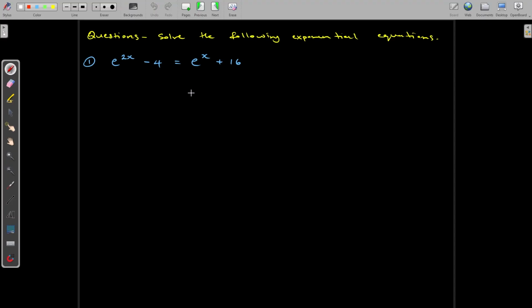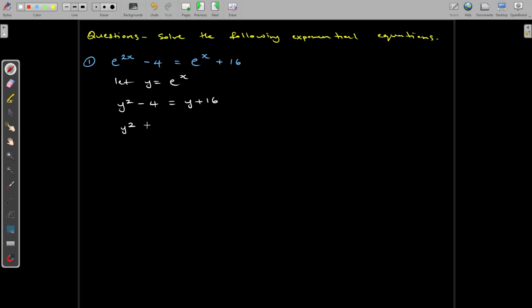Alright, so let's go through question 1. So we need to solve the following exponential equation. And based on what we've been doing so far, we can simply say let y be equal to e to the x. So y squared minus 4 is equal to y plus 16. Now we need to get everything on one side so we can have the general form of a quadratic.